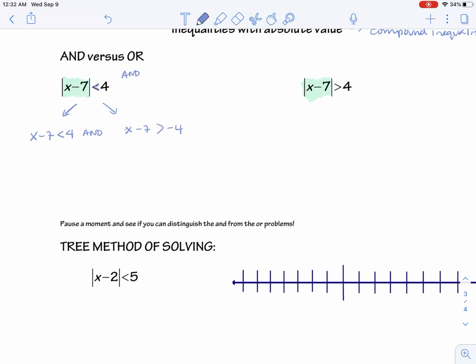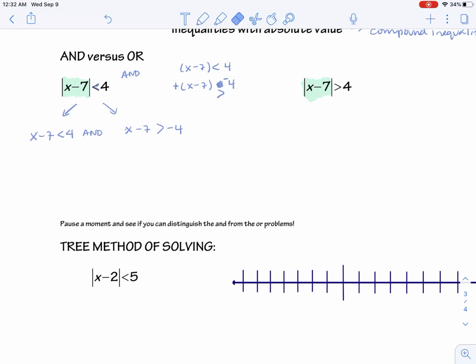The real reason this works, and you do not need to write this down, is that you're solving for x minus 7 is less than 4, and you're solving for the opposite of this. And if we divided both sides by -1, which is what you should do, when you multiply or divide by -1, you would switch the direction, and that's why it does it.